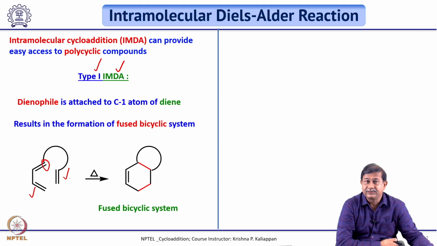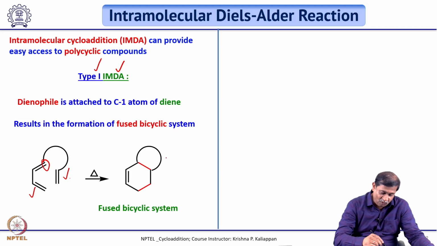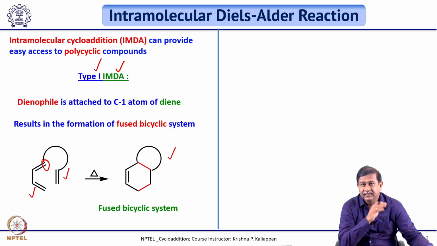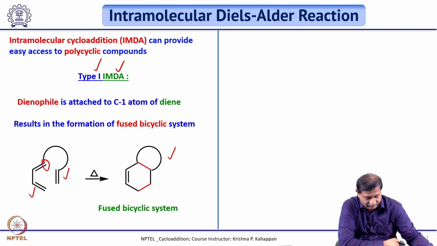Obviously, when this undergoes the reaction, what you get is a fused bicyclic system. So, type 1 IMDA will give a fused bicyclic system. This is rule number 1.